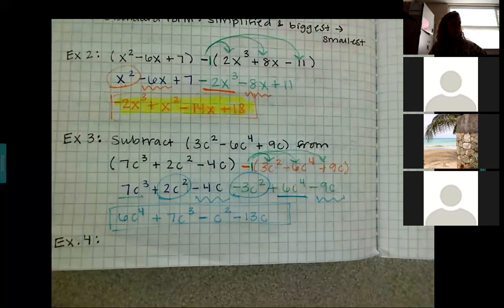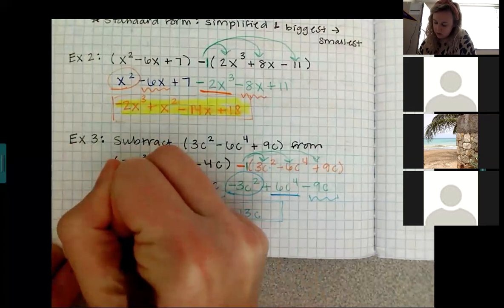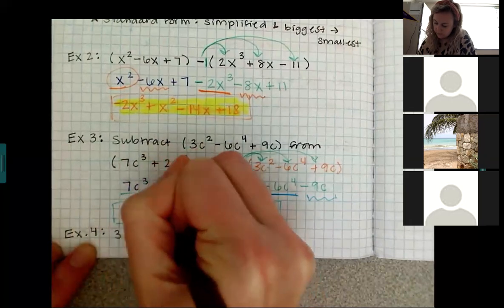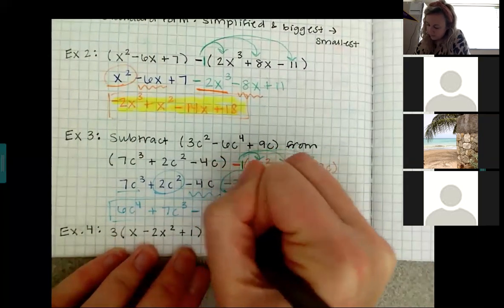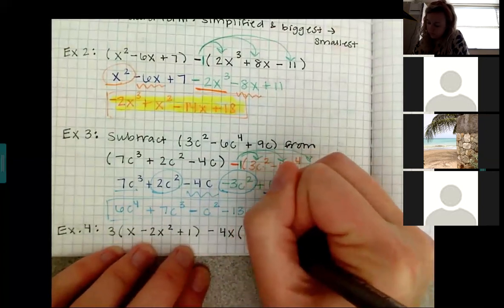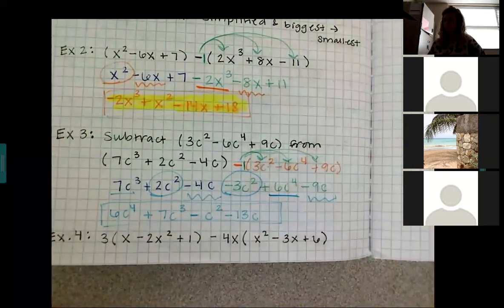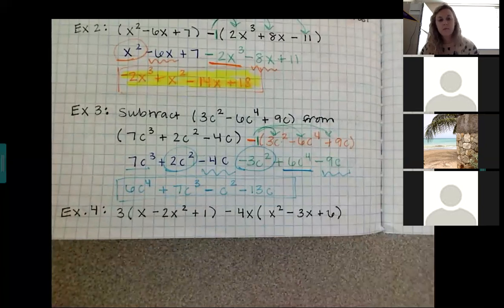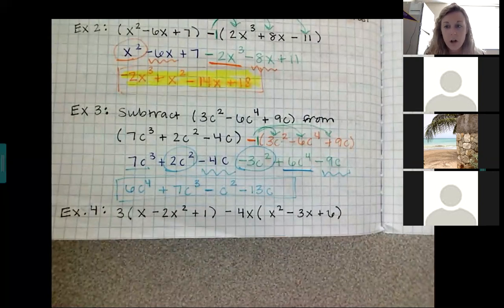What would we do with this problem right here? Who thinks they can take us through this one? I know y'all are still writing, so keep writing.